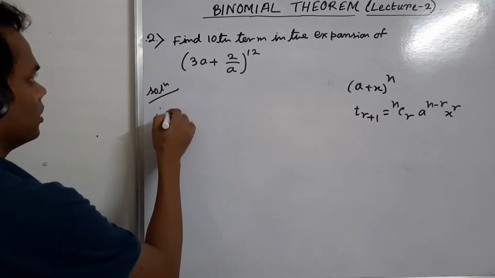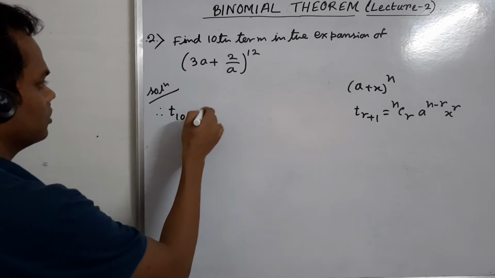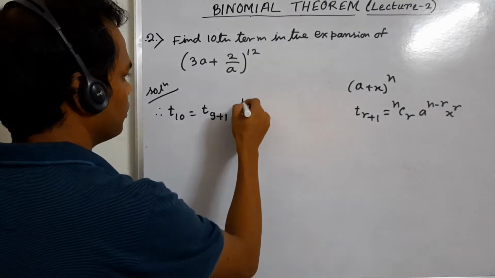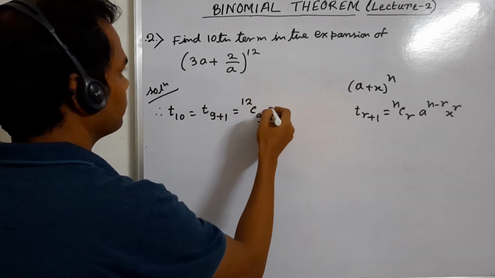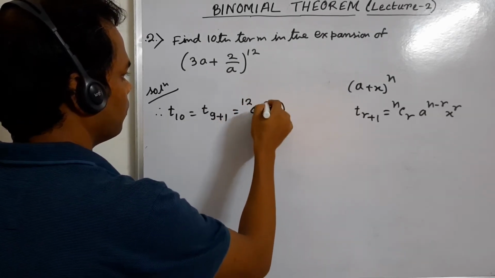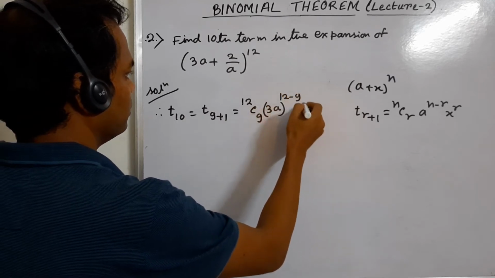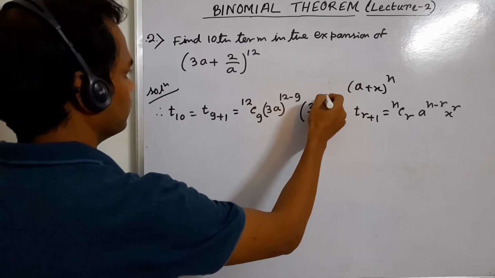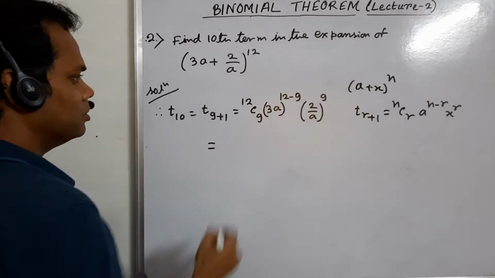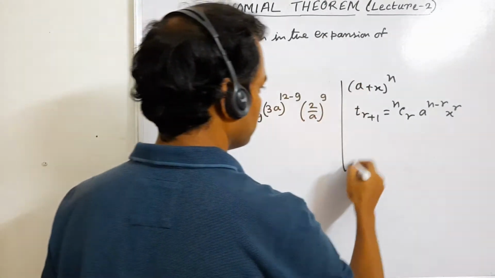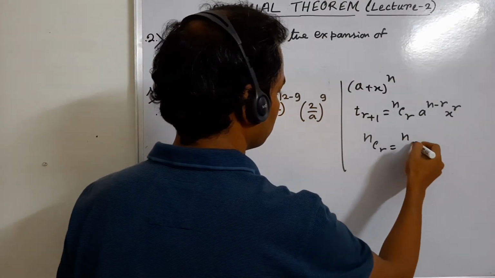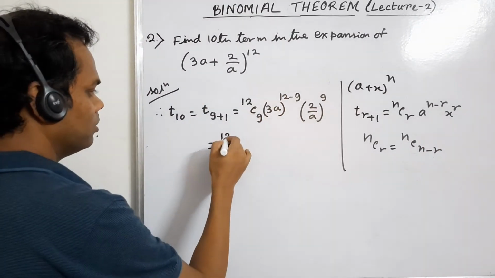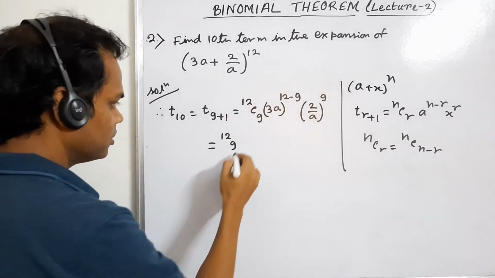So the 10th term, T10, equals T(9+1). So T(9+1) is 12C9 (3a) to the power 12 minus 9, (2/a) to the power 9. 12C9 equals 12C(12 minus 9) by the property nCr equals nC(n minus r), so 12C9 is 12C3.